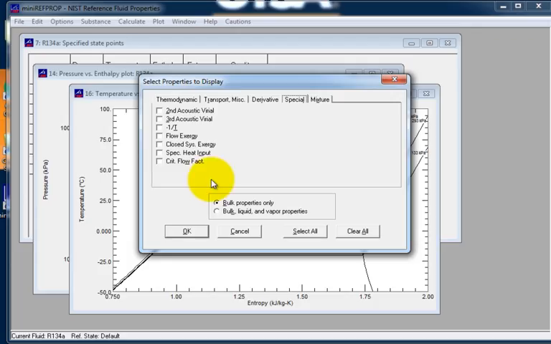There's special properties, and this is the flow exergy. I don't know why they put it over here, but if you want to do exergetic analysis, you've got to find the flow exergy. They should have maybe put it in the thermodynamic list, but that's wherever it is. And then mixtures, I'm not going to show you those. Well, whatever. Let's go back. Go cancel.